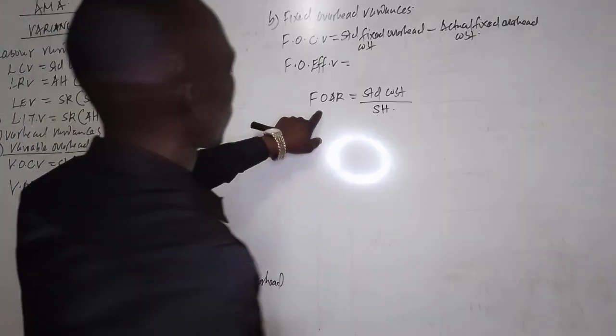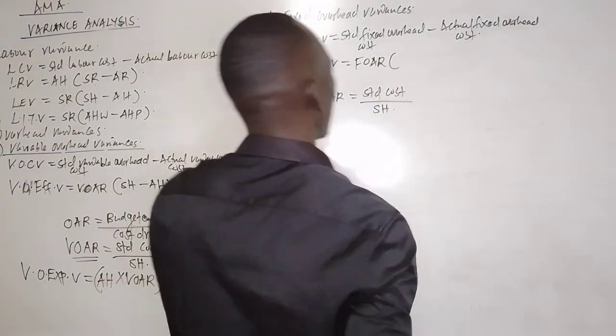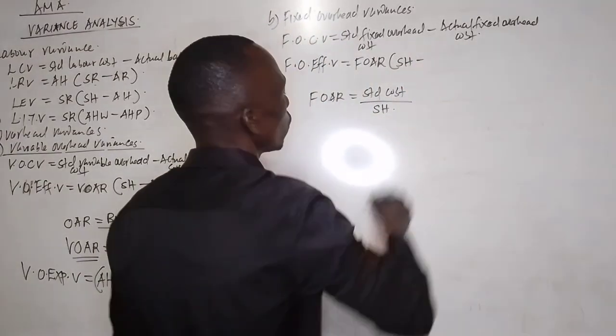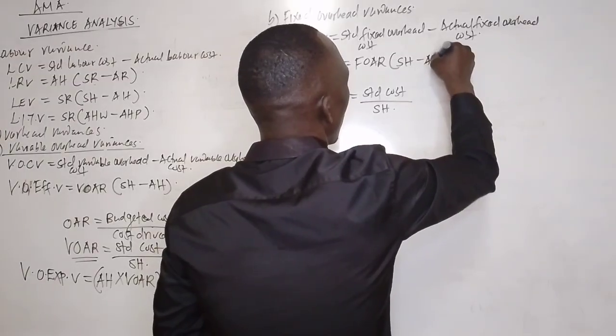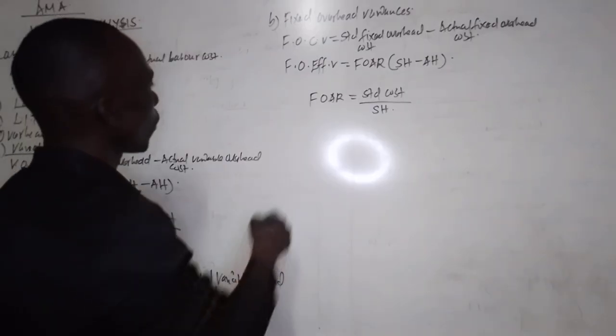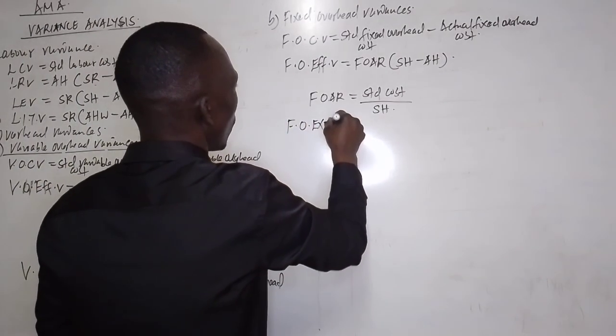Then once you get the fixed overhead absorption rate, you multiply by the standard hours minus the actual hours.